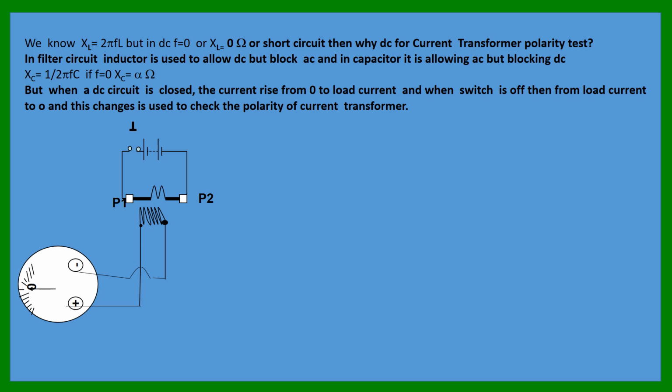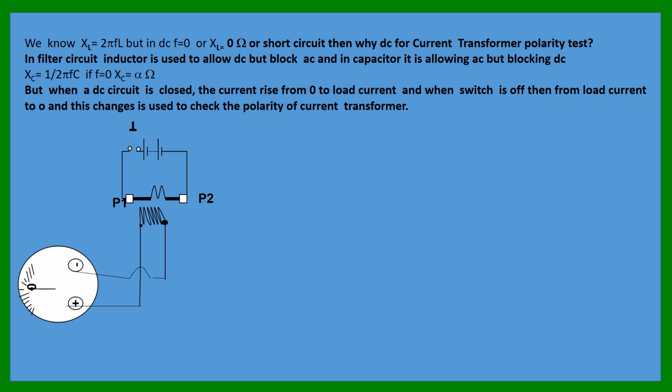The positive flick will ensure that the positive terminal of the ammeter is S1, and the negative flick will ensure that the positive terminal of the ammeter is S2. So this is the system we are using.